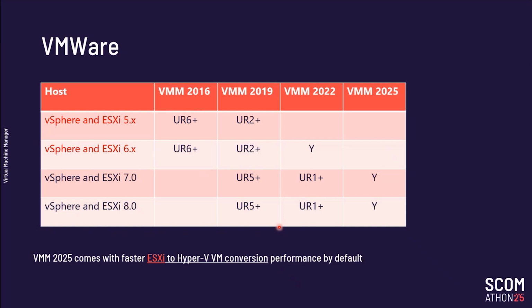For 2019, you need Update Rollup 5 or later in the end. But on that side, we have a very good support status. I added one note here at the bottom because Virtual Machine Manager 2025 comes with a lot faster support for migration or conversion from ESXi to Hyper-V VMs.